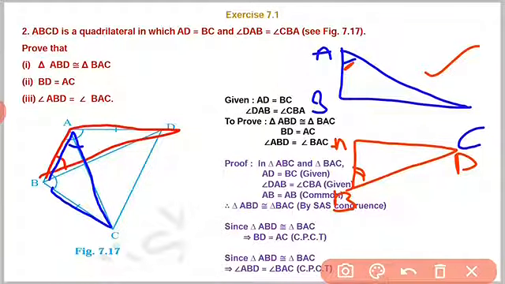We have already proved that these two triangles are congruent, so these angles are also corresponding parts, and hence by CPCT these two are equal.